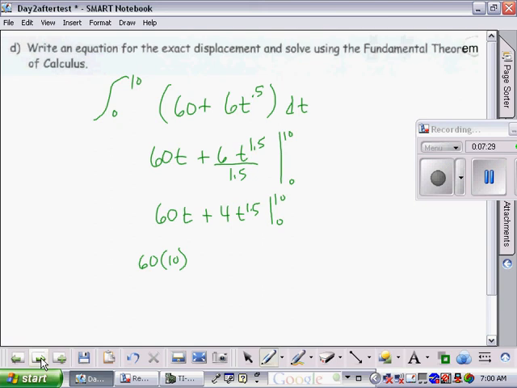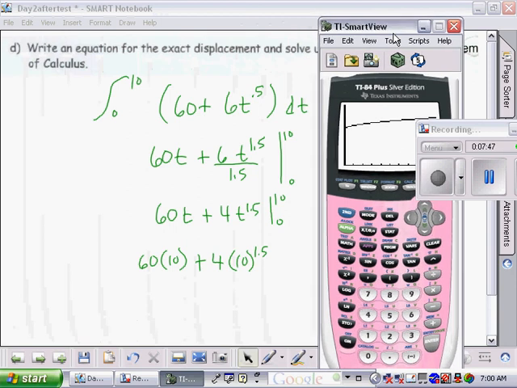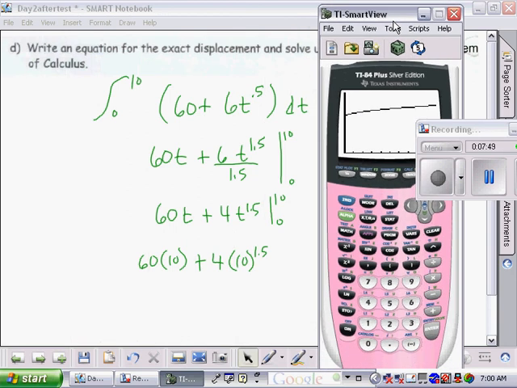I don't care if you show plugging in 0 here, because when you plug the 0 in, everything goes to 0 on that. Once you get here, if you want to type it in and then do a Math 9 to double check it, you can. Or you can just type in a Math 9.